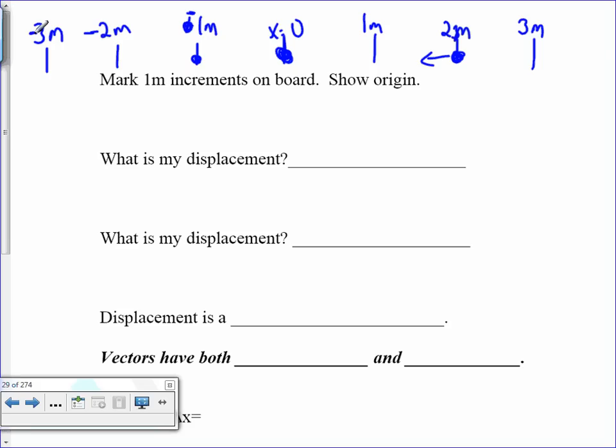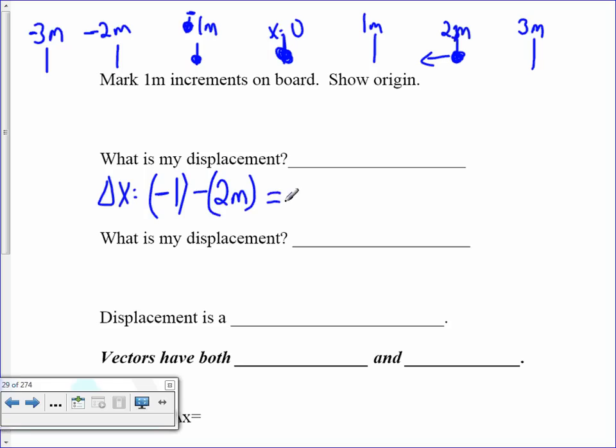Remember, in our Cartesian coordinate system, left is negative. So in that case, if I wanted to know what is my displacement, delta x, I would say that it's x final, which is -1, minus x initial. So x final minus x initial.